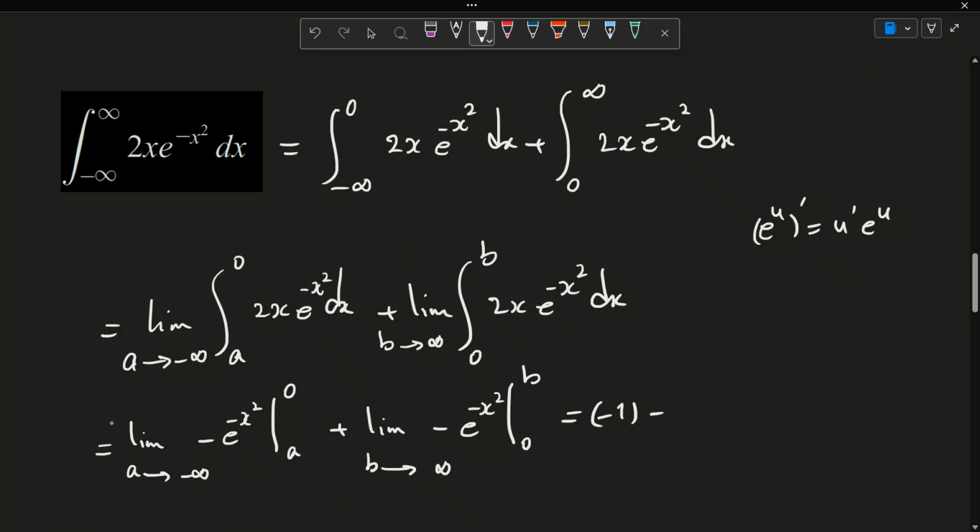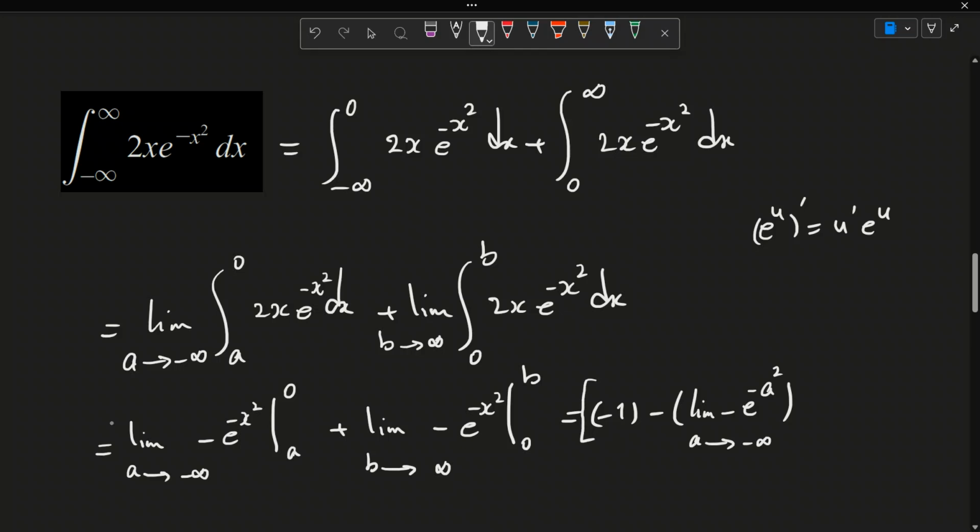At lower limit, it's going to be the limit of minus e to the minus a squared when a approaches minus infinity. But when a approaches minus infinity, a squared is going to be positive infinity, and e to the minus infinity approaches 0. So this limit is 0.